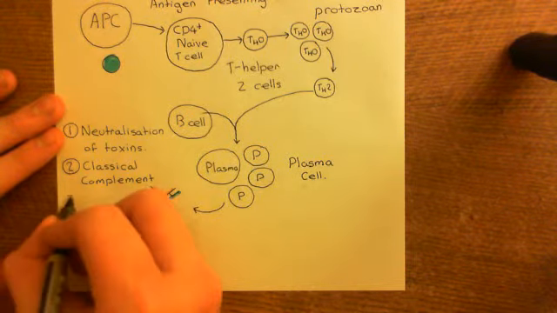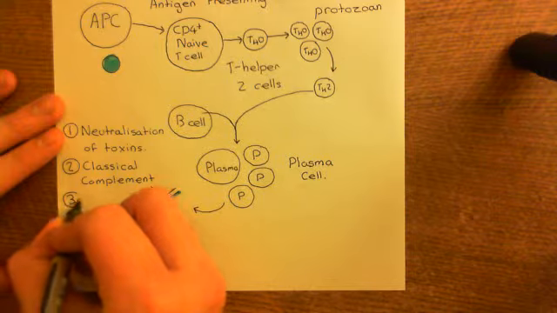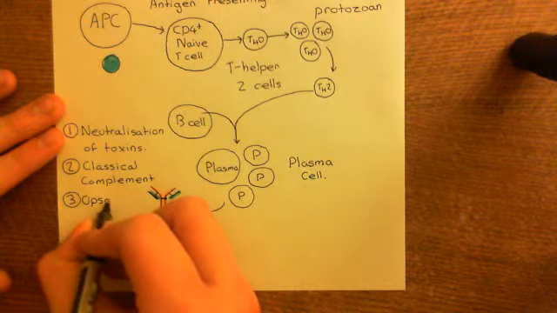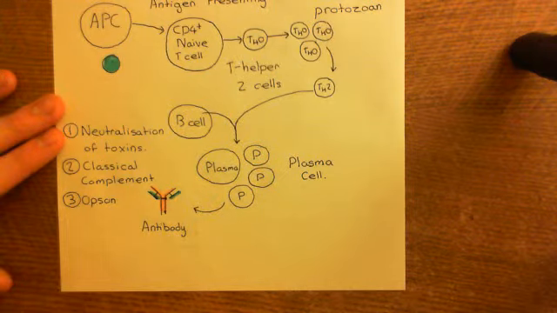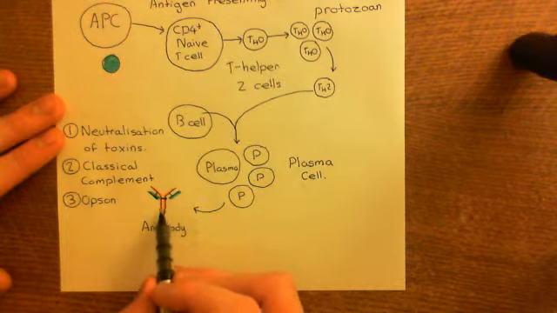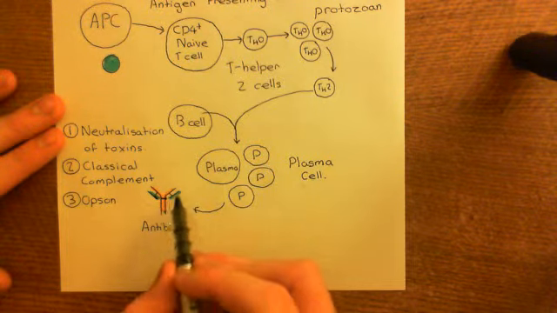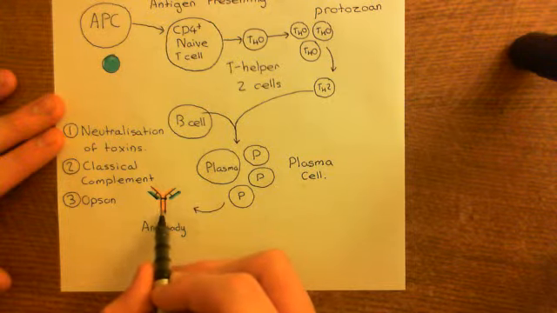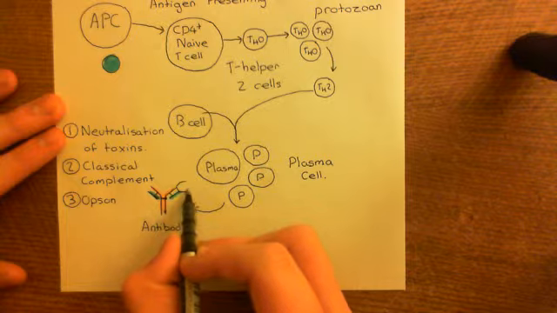Okay, and finally, you also get opsonization, and this is a fantastic word. So, when the antibody binds to this antigen on the surface of the pathogen, then basically phagocytes such as neutrophils and macrophages have receptors for this fixed portion down here, and I should say that this portion up here is the portion which binds to antigen, and this portion down here is a fixed portion, so the antigen will bind here.